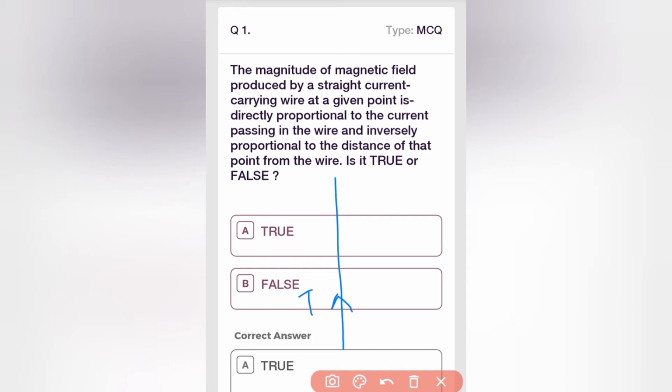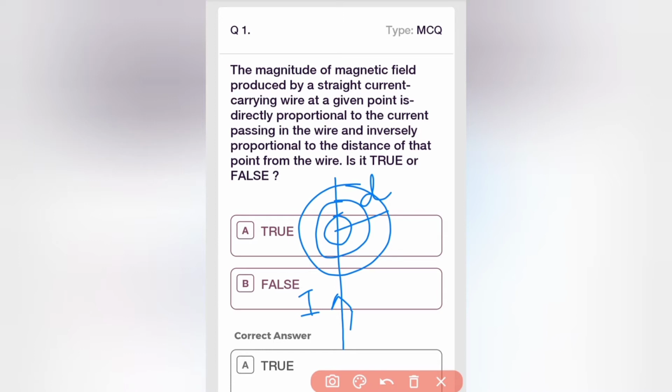Suppose let us consider that this is the current carrying wire. The magnetic field around it will be in concentric circles like this. So the distance of the magnetic field lines is given like this. This is the distance. As the distance increases, the magnetic field strength is going to decrease. As we increase the current, what happens?